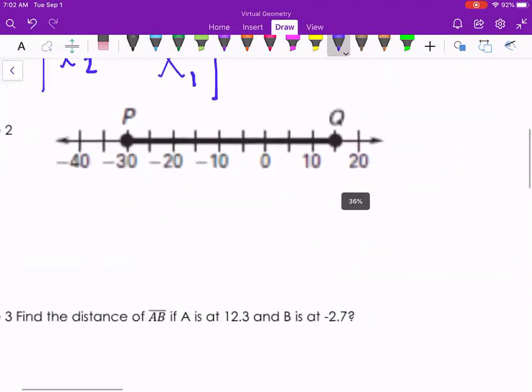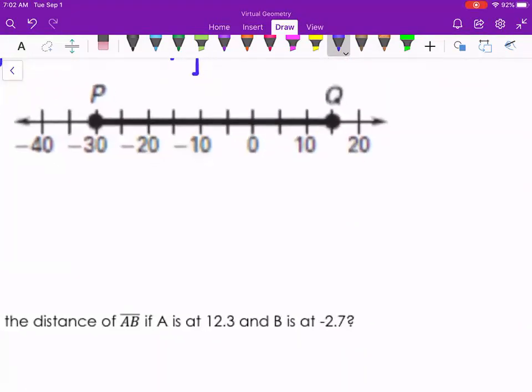Example 2 here. We've got point P at -30. Let's say we let that be x1. Q, we need to figure out what number it is. Not always are those points going to end up exactly on nice, easy to recognize numbers, so we need to use a little bit of logic here. Right now we have from 0 to 10 one hash mark sitting in the exact middle.